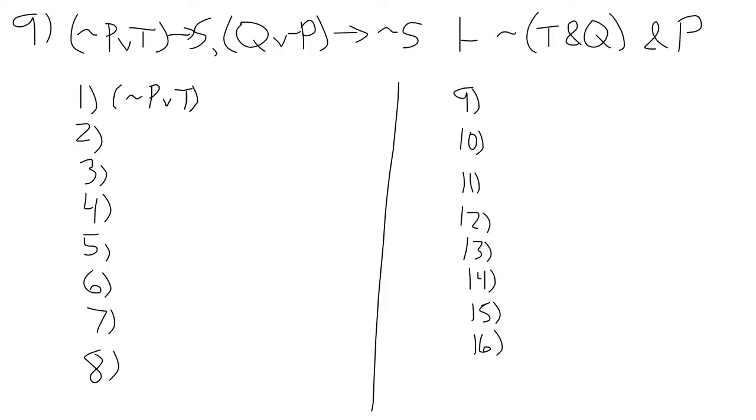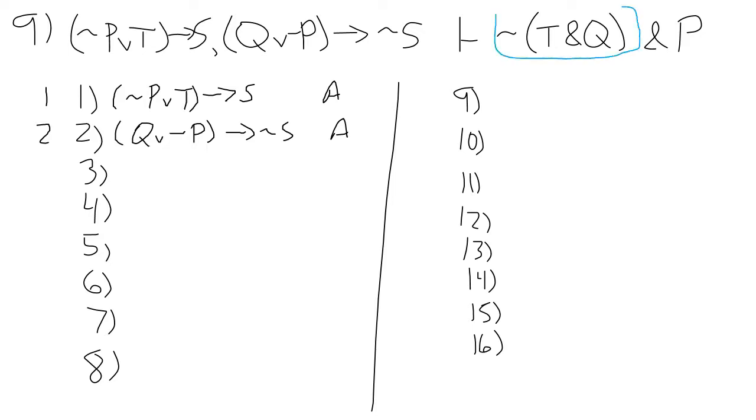Now we got another sort of long one. Again, though, our conclusion is an ampersand, so we just need to prove both sides of it, and then we can get our conjunction from it.